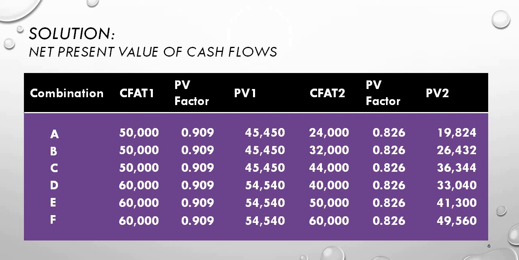Combination D, 40,000 into 0.826, that is 33,040. E, 50,000 into 0.826, 41,300. Combination F, 60,000 into 0.826, that is 49,560.